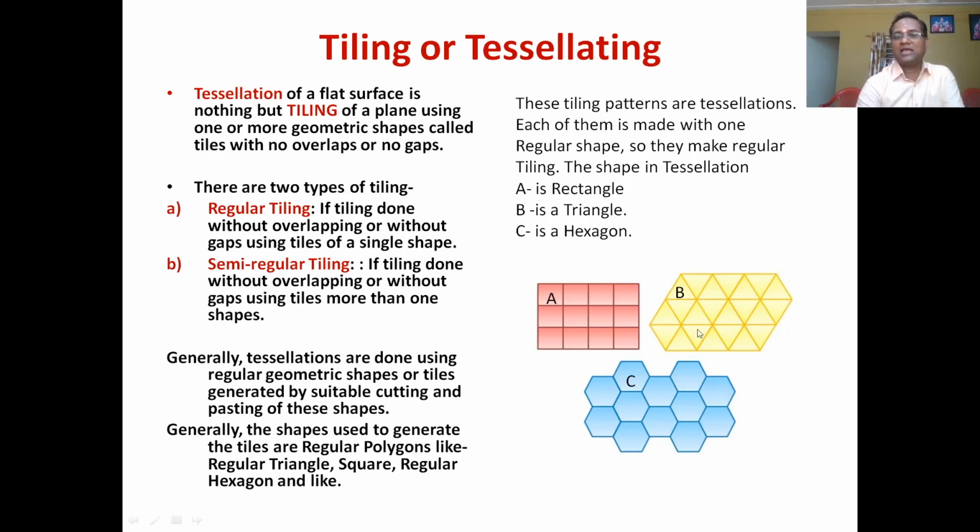So some examples I have shown here. I have used rectangular tiles. If you keep on arranging the rectangular tiles in this pattern, you can tile a plane surface. Here I have used triangular tiles. You can see in B, each tile here is a triangular tile.